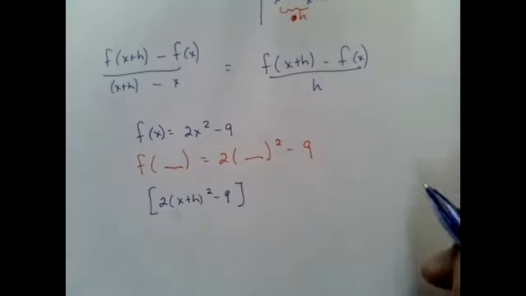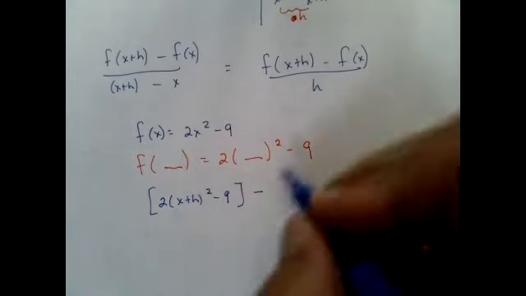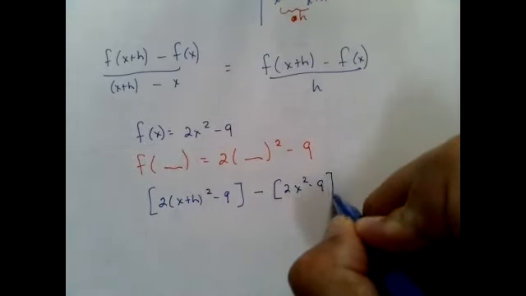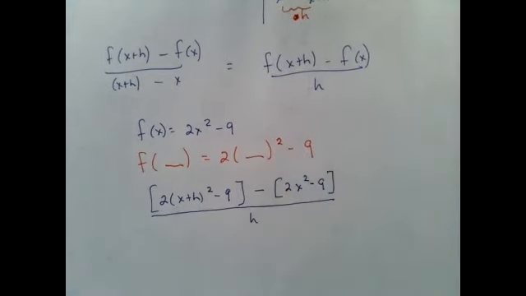That was the left side. The right side would be putting in X, so I got 2x squared minus 9 all over H. Then I said there were 2 things that happened. One was all of this ends up canceling. The second was the H canceled. So hopefully if I'm doing this right, that's going to happen.